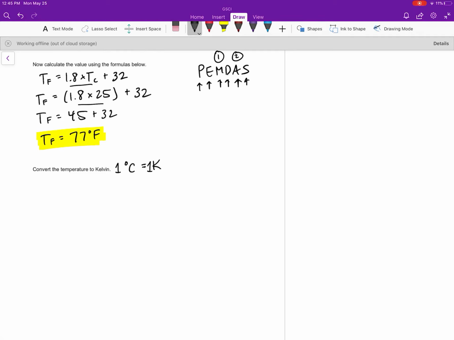And so I need to remember that the melting point for water was 273 Kelvin, and the boiling point was 373 Kelvin. So when the freezing point of water is 0 degrees Celsius, it's 273 Kelvin. So the conversion is temperature in Kelvin is equal to the temperature in Celsius plus 273.